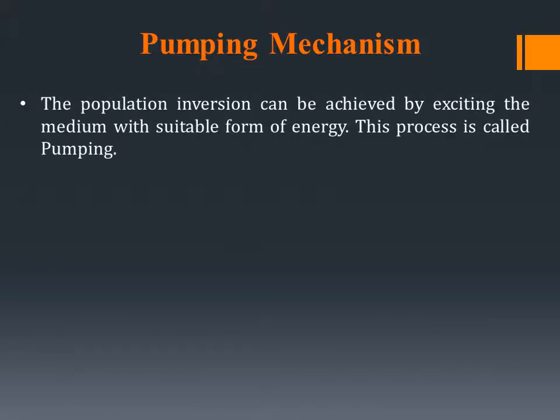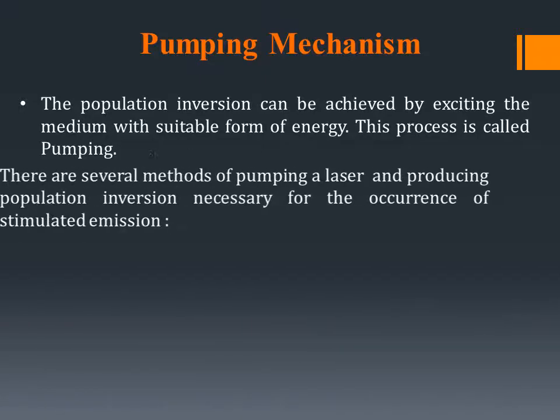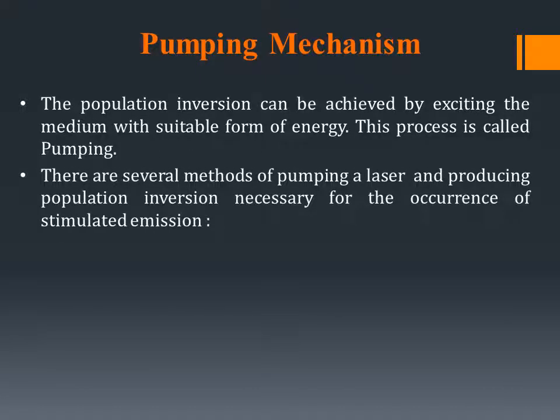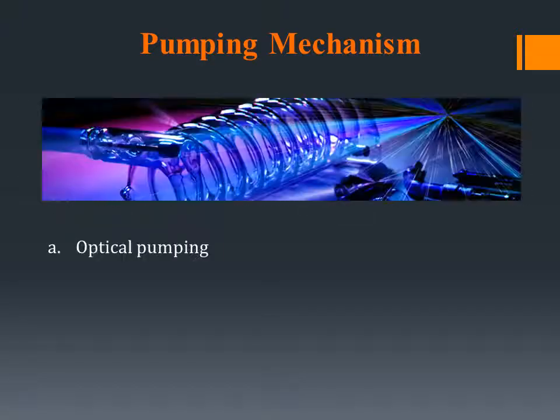There are different types of pumping mechanisms used to achieve population inversion. Population inversion can be achieved by exciting the medium with a suitable form of energy. This process is called pumping. There are several methods of pumping a laser and producing population inversion, which is necessary for the occurrence of stimulated emission.